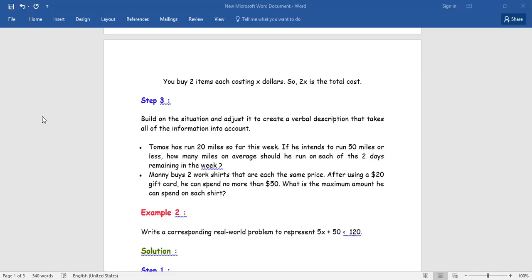So we can describe that 50 at the beginning. Let me write it in front of you. So the inequality is 2x plus 20 less than or equal to 50.